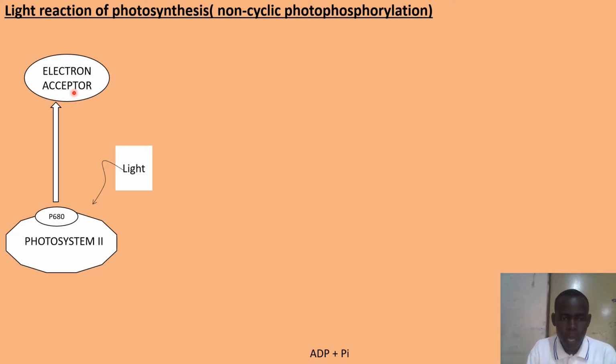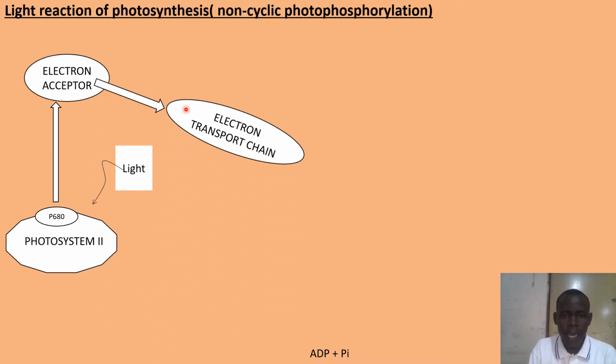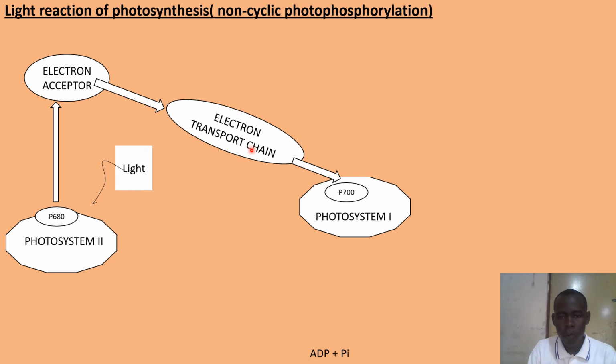These electrons are then handed over to the electron transport chain. We have proteins that are electron transporters. From the electron transport chain, the electrons are handed over to photosystem 1.